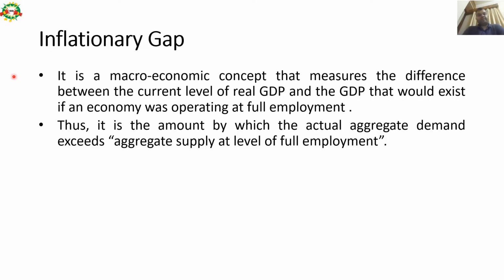However, considering the actual level of employment, my GDP is at 180. So the gap between 200 and 180 is called inflationary gap. Thus, it is the amount by which the actual aggregate demand exceeds aggregate supply at a level of full employment. Please remember this terminology, inflationary gap.